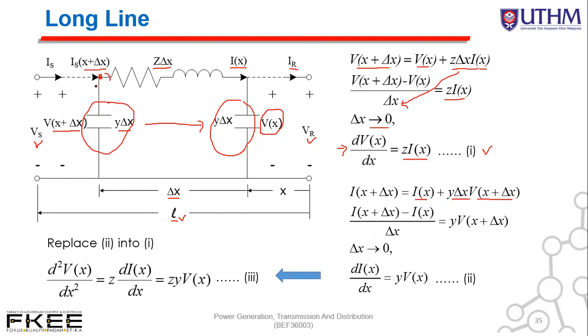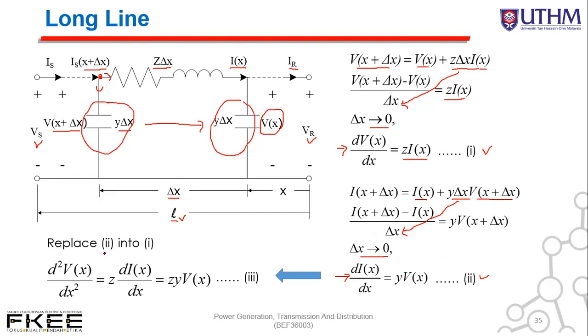The current at this point goes to the admittance. So we can simplify by bringing delta x here, and then with delta x approaching 0, we get the differentiation dIx over dx equal to Y Vx. So this is equation number 2.